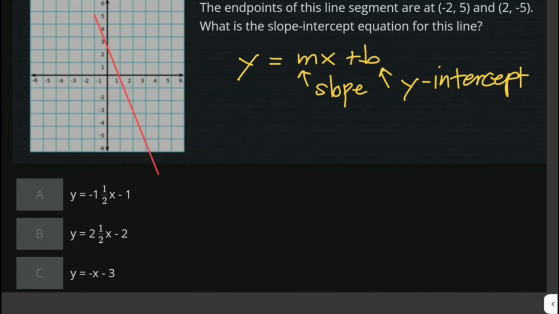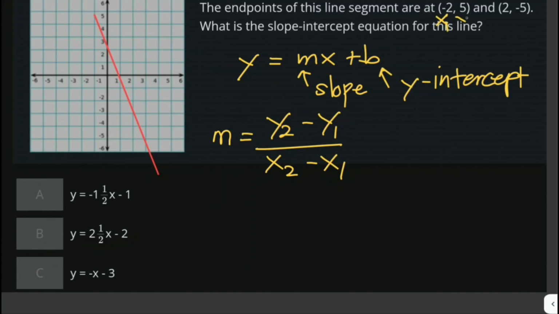So since we are given here the endpoints of the line segment, then we can solve for the slope by using the slope formula, which is equal to y sub 2 minus y sub 1 over x sub 2 minus x sub 1. So let's say this is x sub 1, y sub 1, and this is x sub 2, y sub 2.